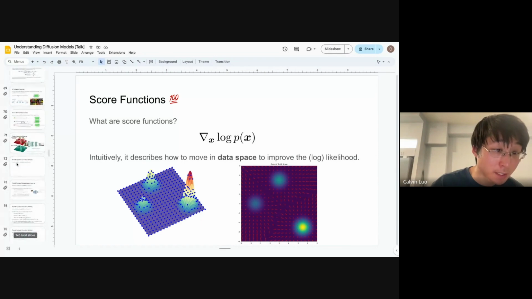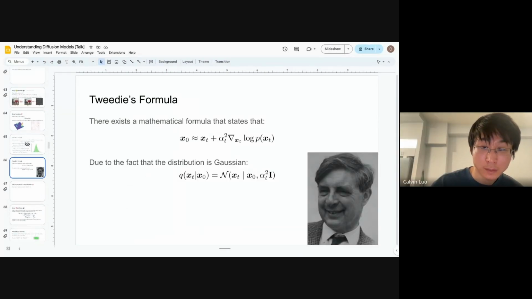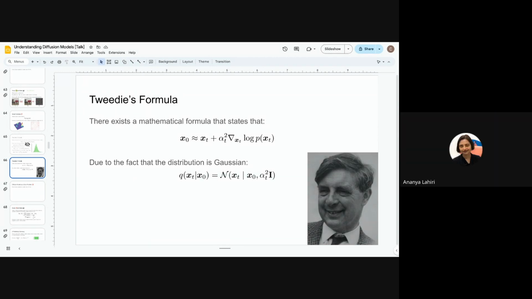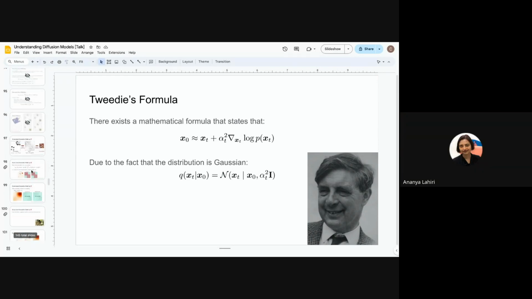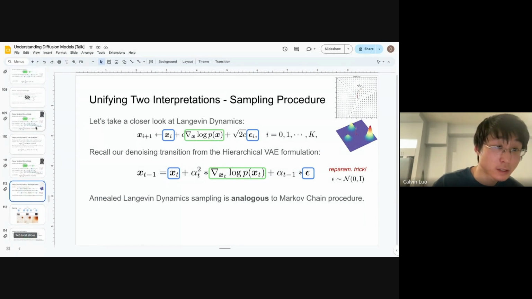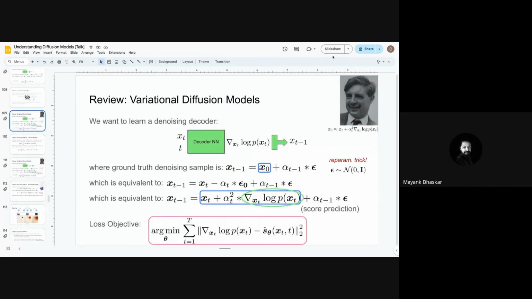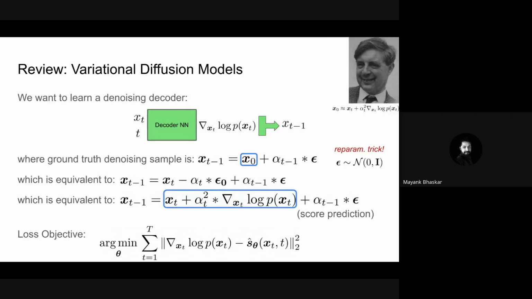Oh, the Tweedie's thing. Yes. I think it's probably in the next slide where it shows xt plus alpha t squared and then gradient of log p(xt), and then also shows xt minus alpha t epsilon, like that, right? That's the one, I believe. Okay. So could you please expand on this a bit?